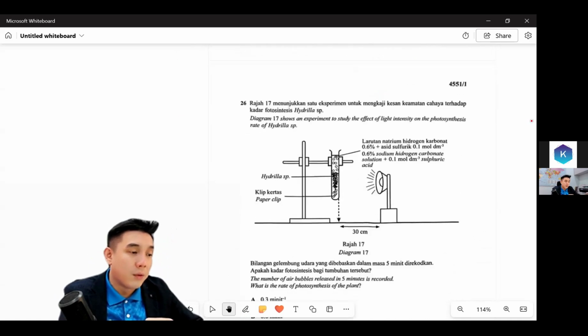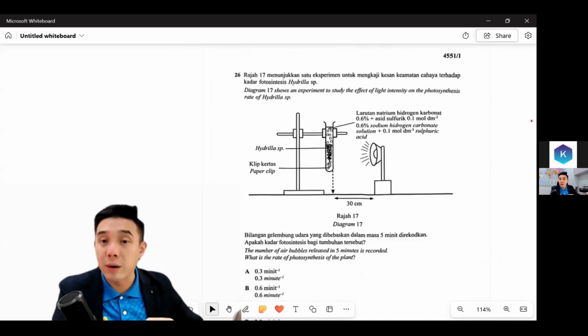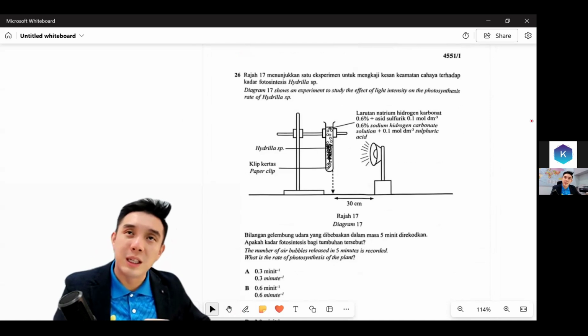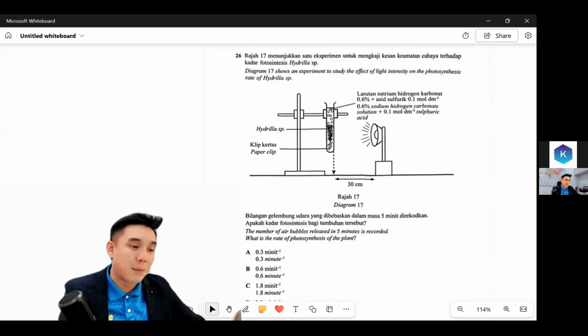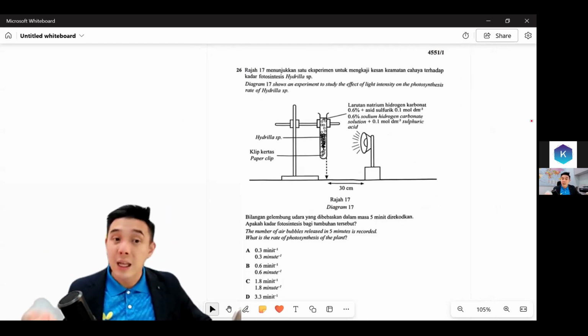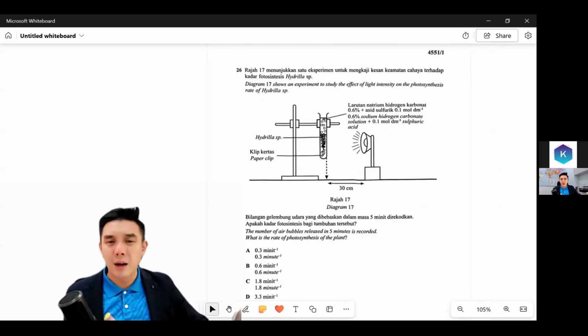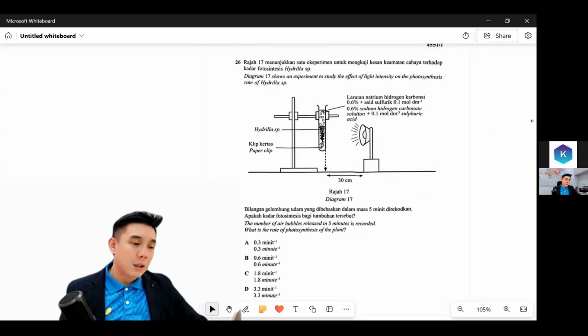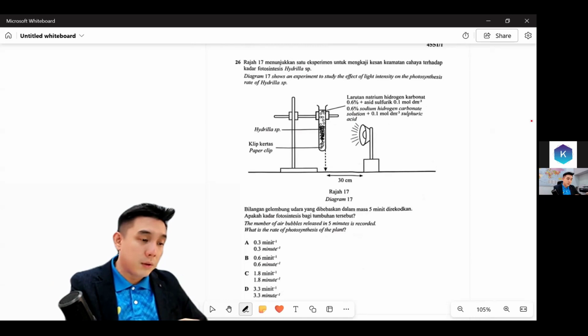Okay. For 26, this is what came out in the 2024 exam. We adjust the distance of the light and then check how many bubbles the hydrilla releases. Hopefully you all have done this in school. Okay, how to calculate the rate of photosynthesis? Guys, check how many bubbles are formed.